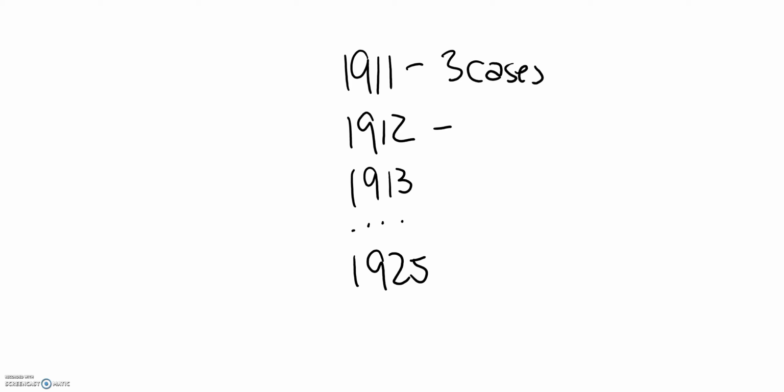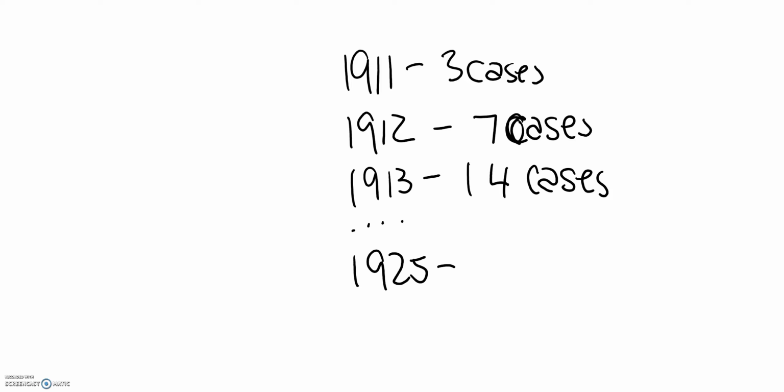Cool. 1912, maybe 7 cases. 1913 special year. 14 cases. Now imagine 1925, there are about 9 cases. The frequency of how many cases of sickle cell disease occurred in the years built on the fact that this was a new disease.